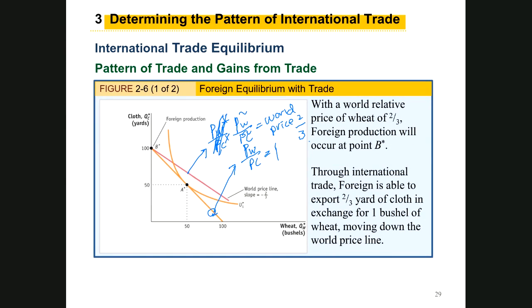So remember that the home country, after the trade, its production possibility function rotates out, becomes steeper. So on the other hand, on the flip side, the foreign country's should be flatter, right? Originally is like this, becomes like this.